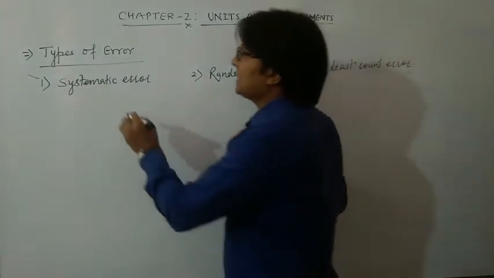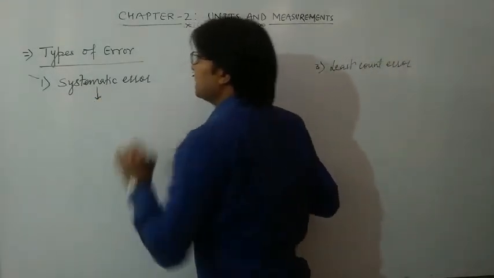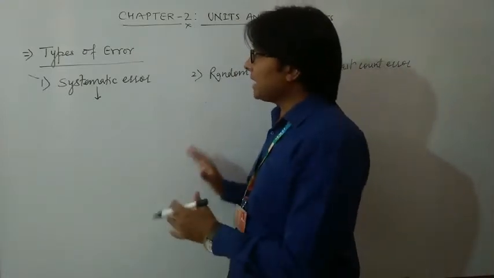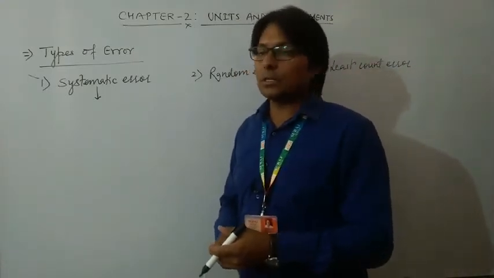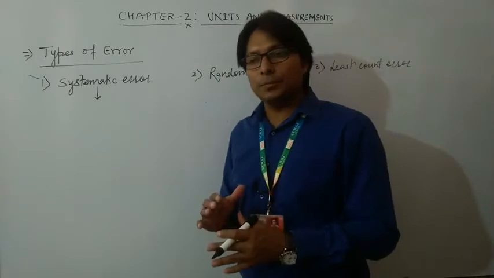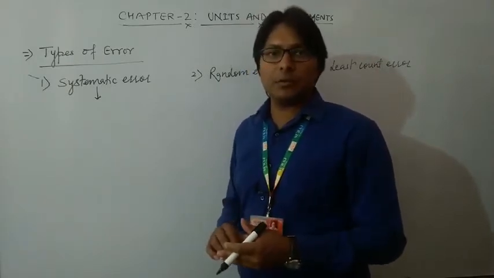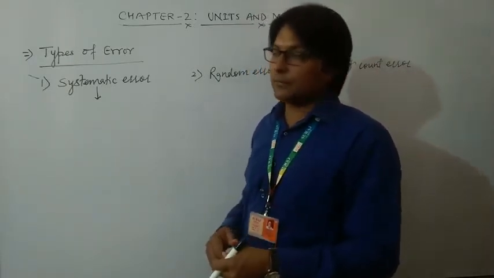So systematic error, as the name suggests, these are the errors which occur due to the error in the system itself or the measuring instrument itself.